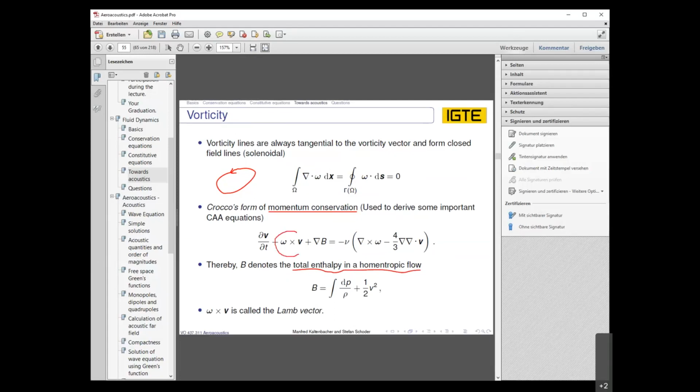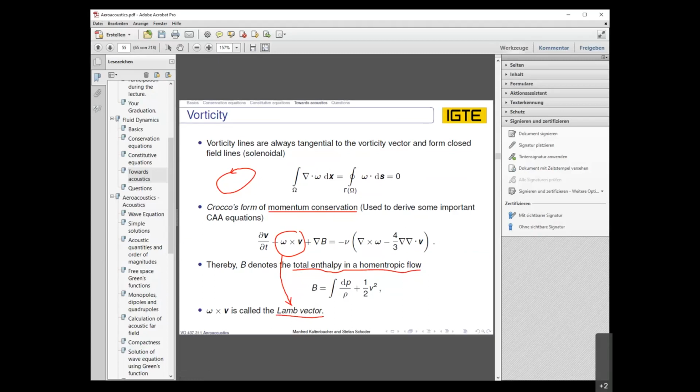And here we have the lambda vector, which at low Mach numbers is a very localized sound source. It is computed as the cross product of the vorticity and the velocity, and this is a typical sound source in low Mach number applications.